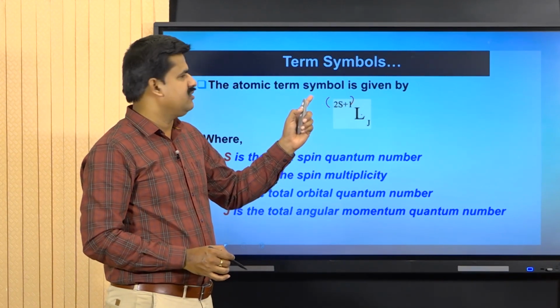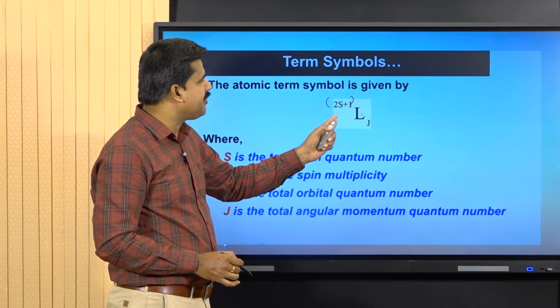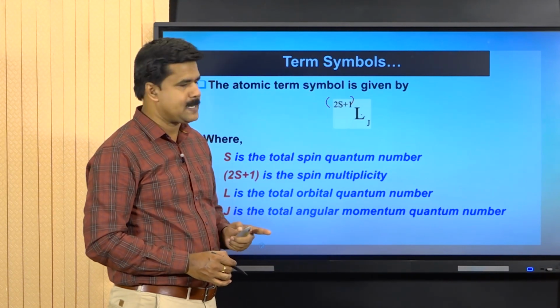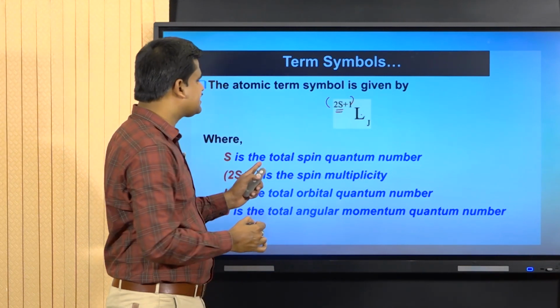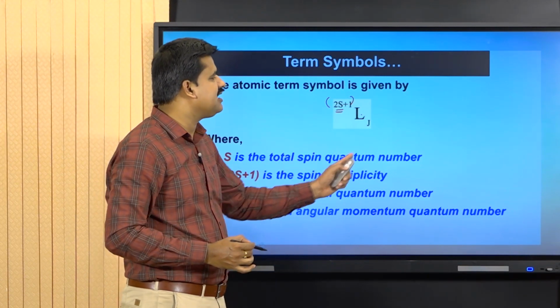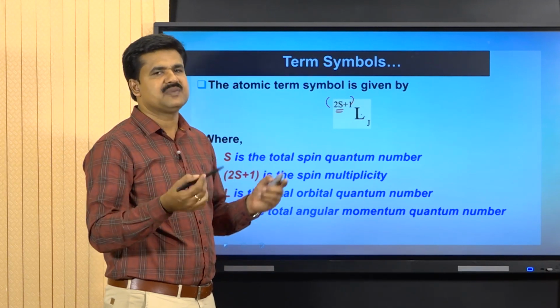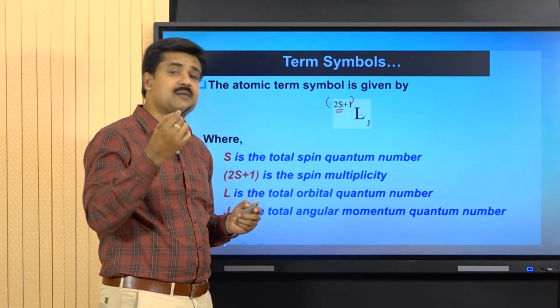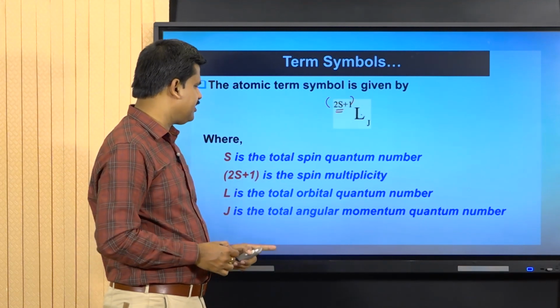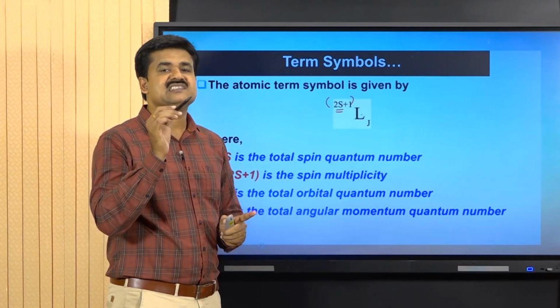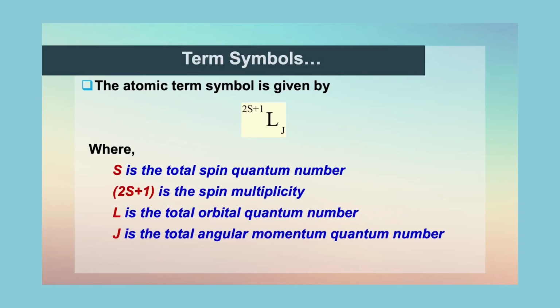We can discuss every parameter that appears in this expression. Here, capital S represents total spin quantum number, or we can simply say total spin angular momentum quantum number. And the parameter 2S+1 is known as the spin multiplicity.